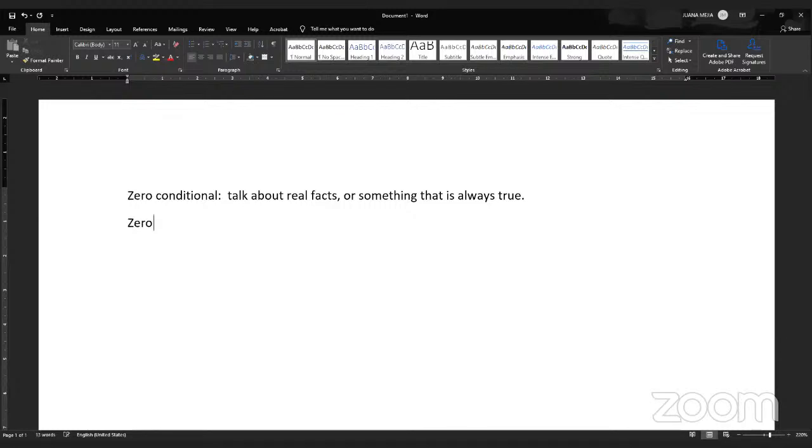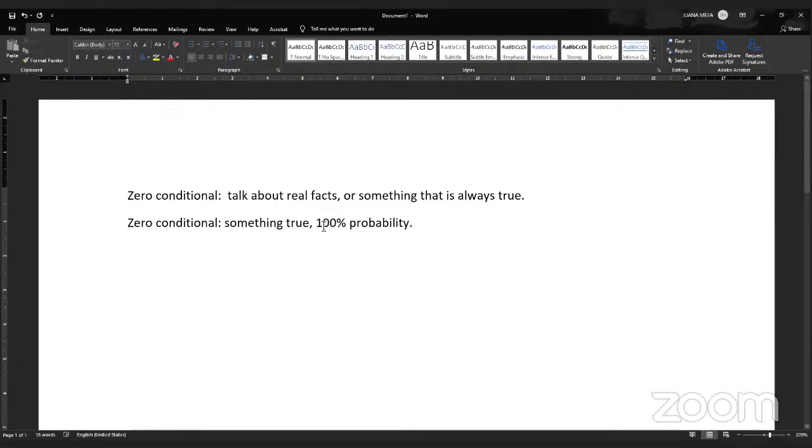We use it when we are pretty sure about something that always works. So the zero conditional is something true, 100 probability.